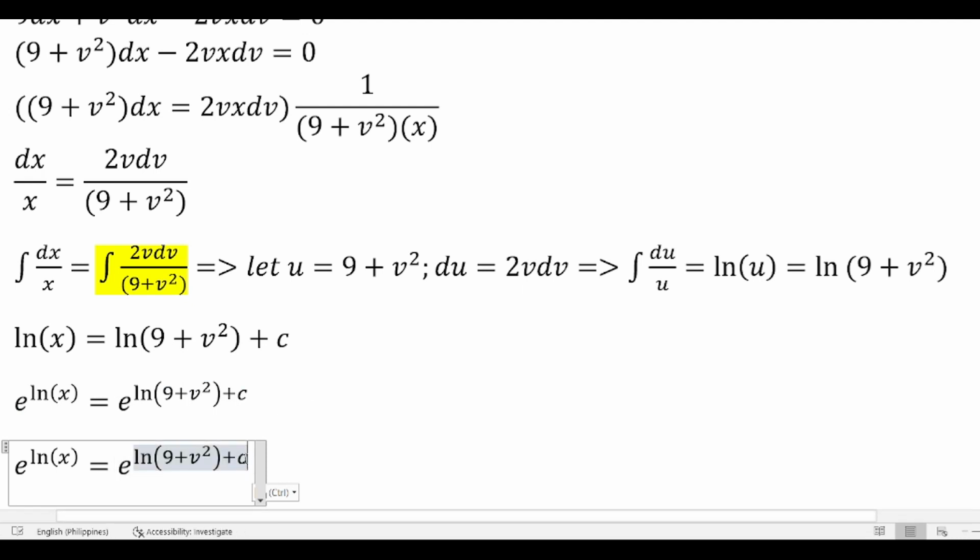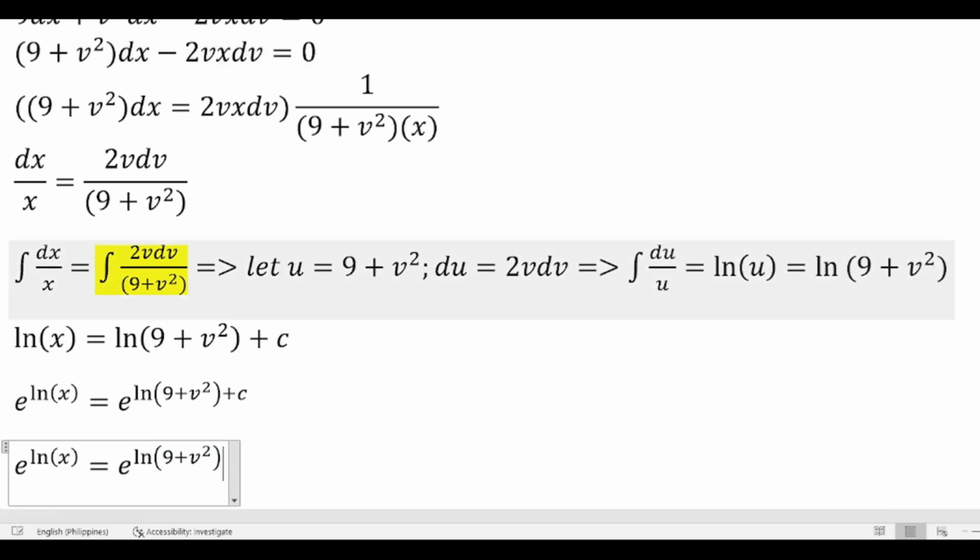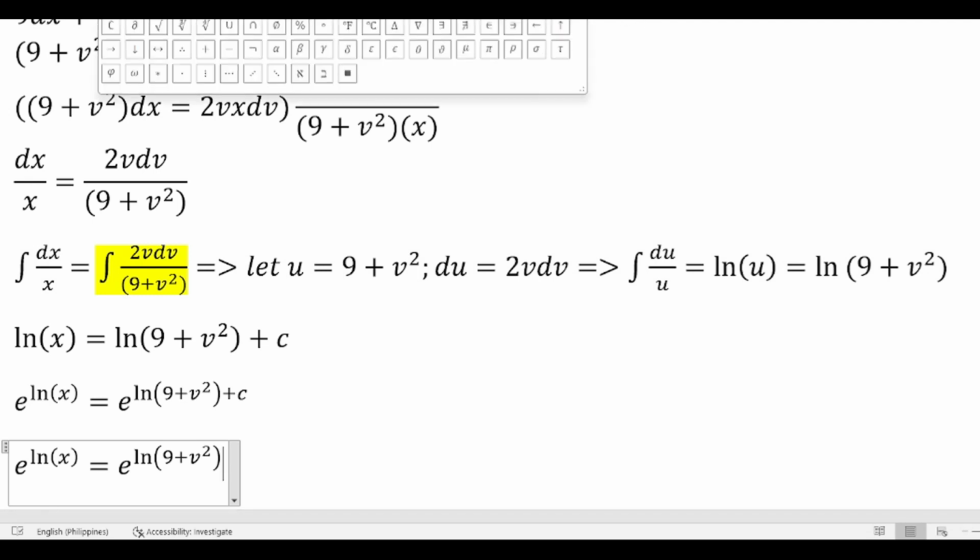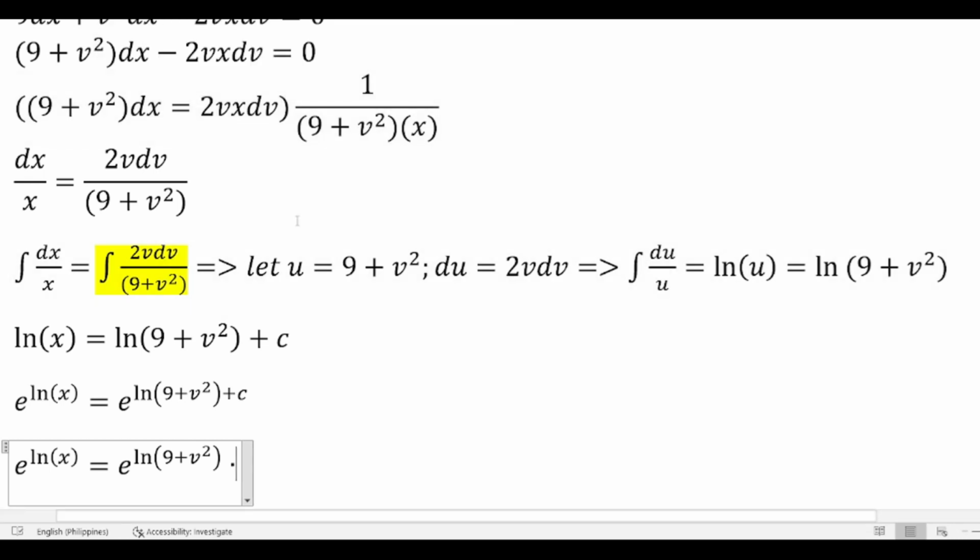We'll remove plus c, but we'll be multiplying. I think we're just going to use a dot, so that won't give any problems. Okay, that one would work.